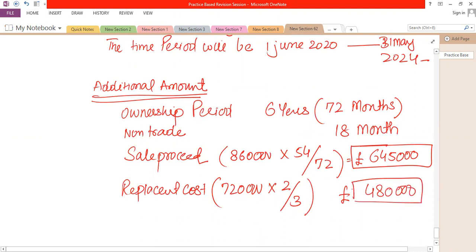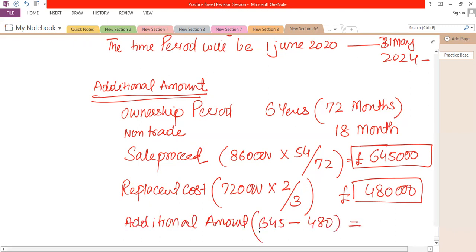Now, what was the question? Identify the additional amount that you have to spend in order to maximize the rollover relief. So the eligible sale proceed is 6,45,000 and the cost available is only 4,80,000. So the additional amount you need to spend is the difference between 645 and 480.